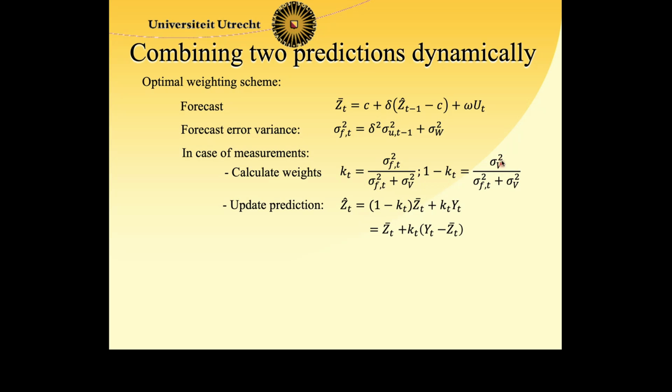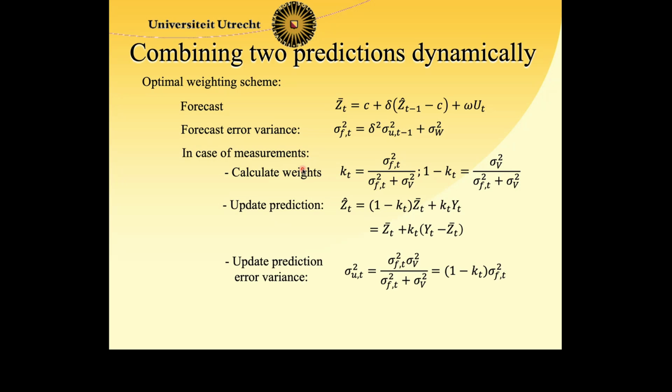Then this weight becomes 1 and this weight becomes 0. So our optimal prediction at time t would be exactly equal to the time update, so to the model prediction.